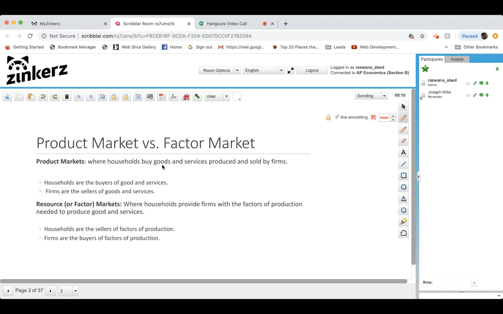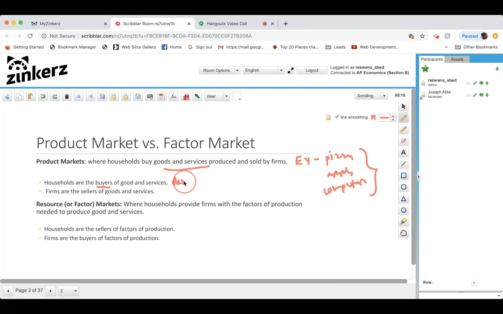So product markets, and this is where we have focused most of our time up until now in micro. Product markets is where households buy goods and services produced and sold by firms. Okay, so any kind of consumer goods that you can think about, right? Pizza, Apple, computers. So in terms of any of these goods that we buy and sell, households were the buyers of goods and services, so they're on the demand side.